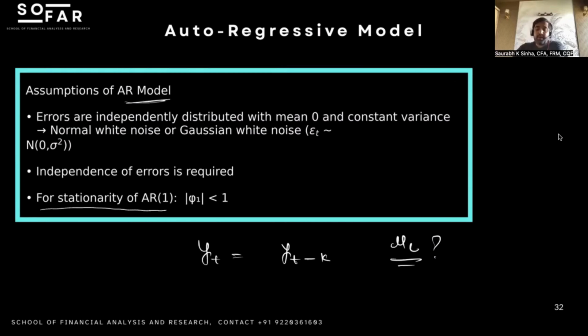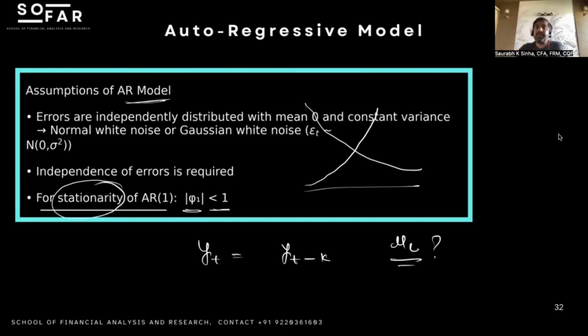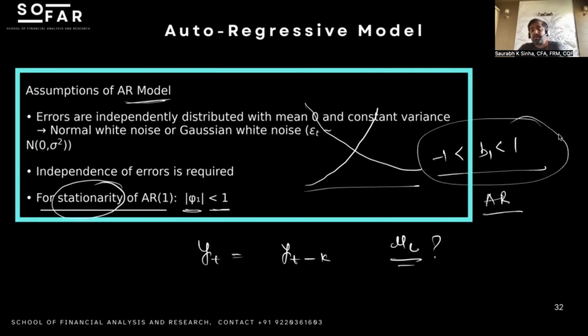For the stationarity of the AR model, the coefficient should be less than 1. Otherwise, it is not stationary. If it is greater than 1, it is going to be either continuously increasing or continuously decreasing. It would be an exponential or linear trend. I don't know. We can't predict until we do a proper testing of the model. So B1 has to be less than 1 and greater than minus 1. If it is not, you cannot use the AR model.